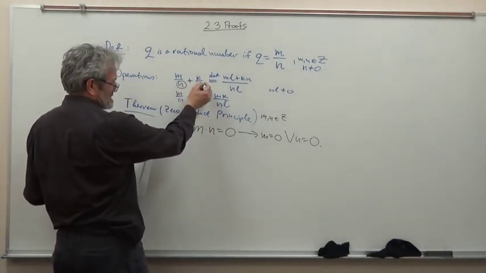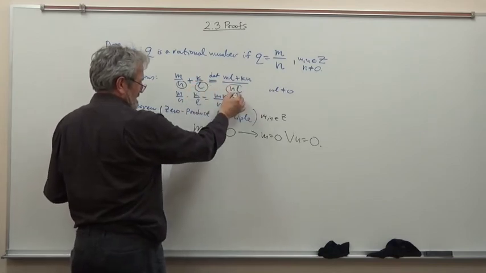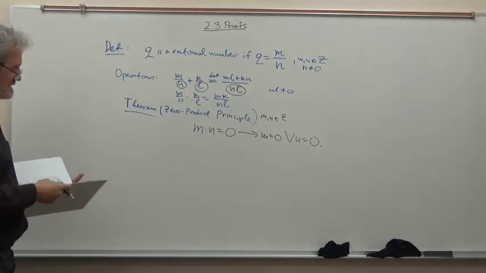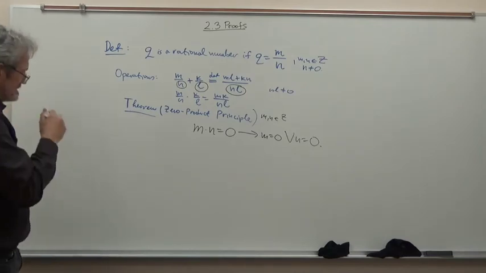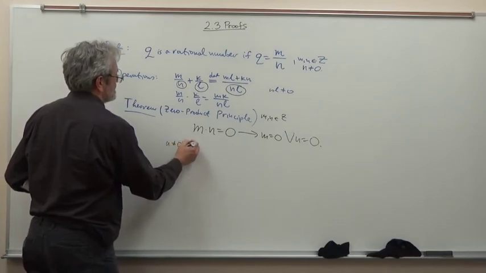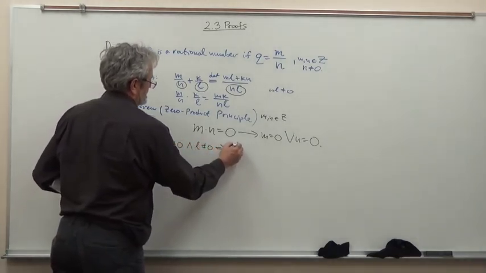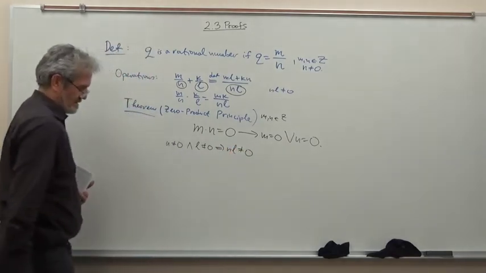If this denominator is not zero, and this denominator is not zero, then this one is also not zero. Actually, the way I called it, I said the following: n different from zero and l different from zero imply that nl is different from zero.